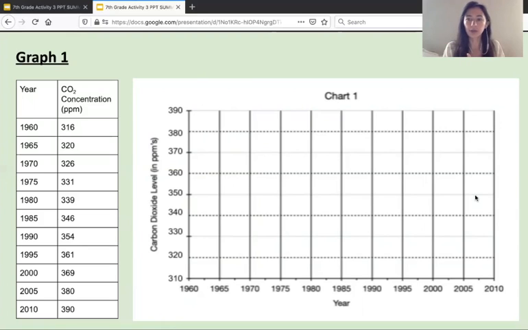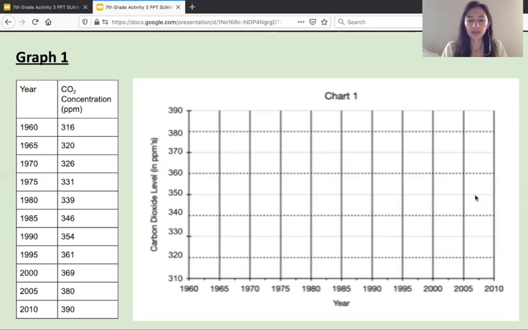You can download it and make your own graphs. But for right now, for today, I have just taken a short segment of that data for this set of decades, and we are going to plot it ourselves. So we're going to start at 1960, and I'm going to show you where to plot the points if you want to plot along. And then for graph number 2, you are going to plot the points yourself.